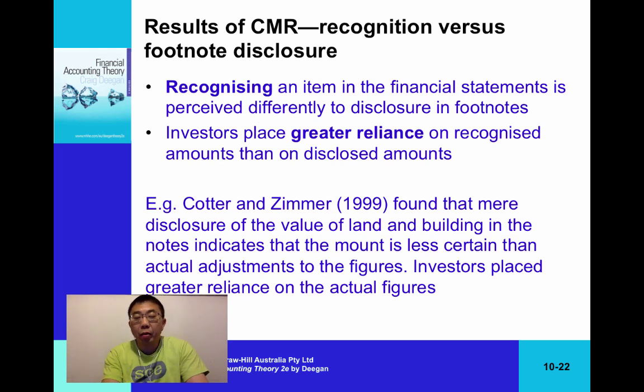Does it have more impact on the share price, or would the share price also be impacted if you merely disclose it in the notes? And I hope you understand the difference between the two. Recognizing an item means that you debit an account and you credit another account, whereas mere disclosure in the footnotes doesn't mean that you recognize it, and it may not have any impact on your profits as well.